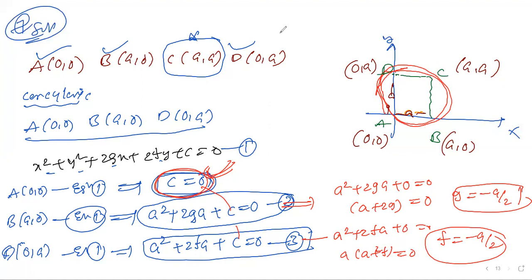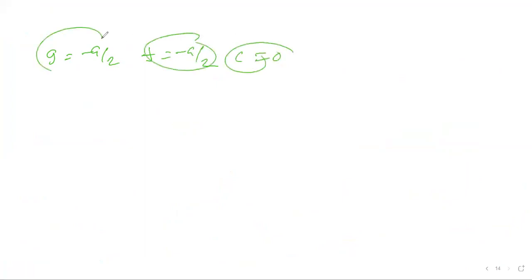Now we got 3 values. The value of c you got, the value of g you got, the value of f you got. After you know g, f, c, we frame an equation first of all. So g is equal to minus a by 2, f is equal to minus a by 2, c is equal to 0. We have 3 values. Please frame an equation here. What is the equation you can frame? x square plus y square plus 2gx plus 2fy plus c is equal to 0.